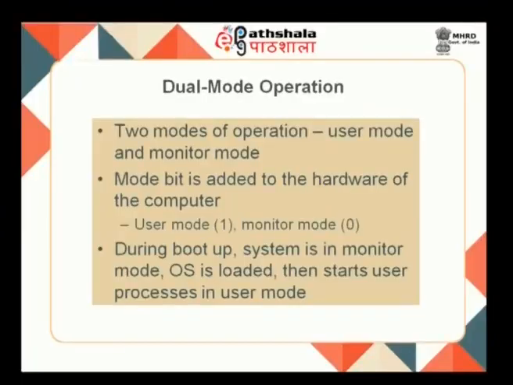Because of this, whenever the operating system's code is to be executed as a part of this process, the system switches to kernel mode, so the OS code is protected.